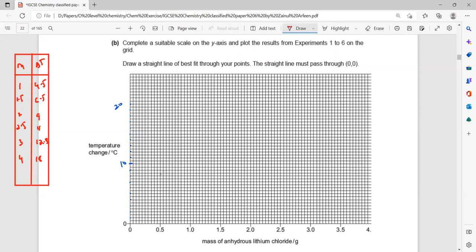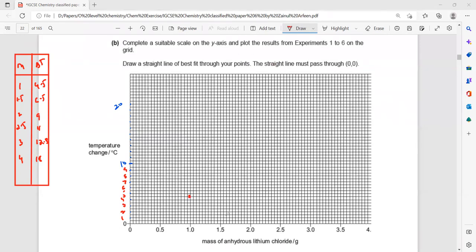So 1 and 4.5. So when the mass is 1, the temperature change is 4.5. So this is 1. If I write the number 1, 2, 3, 4, 5, 6, 7, 8, 9. So 1 and 4.5. This is 1, 2, 3, 4, and this will be 4.5.